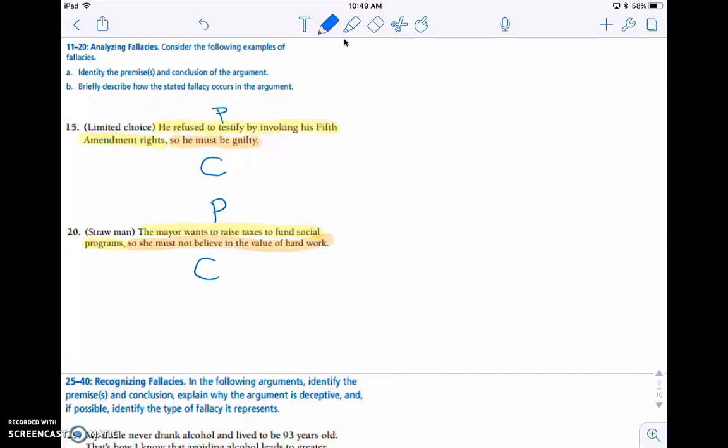So we're not attacking the mayor, but we're distorting something that the mayor wants to do. When you see that, it's not necessarily an attack, but we see a distortion, especially on a personal level. That's going to be our straw man.